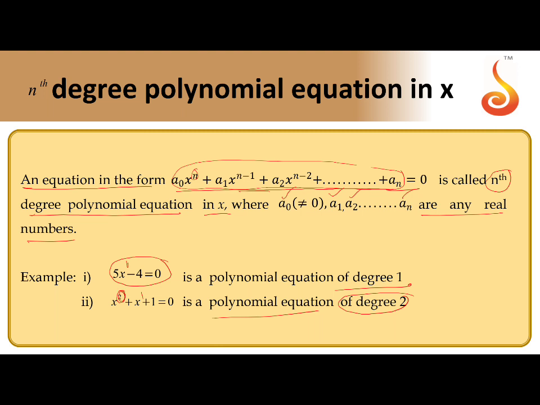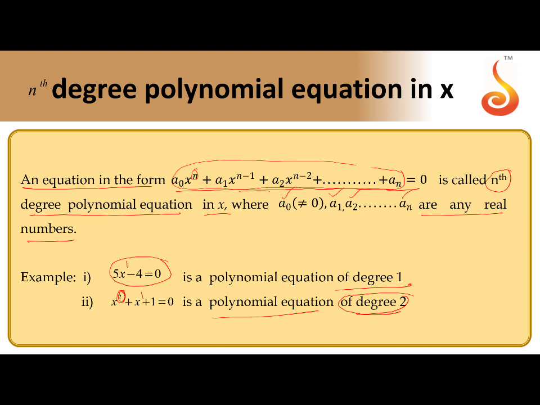The highest power of x you take as the degree of a polynomial equation. So you can define the degree of a polynomial equation based on the highest power of x on the left side of the equation. Clear? I hope everyone understands what an nth degree polynomial equation is, and what the degree of a polynomial equation is.